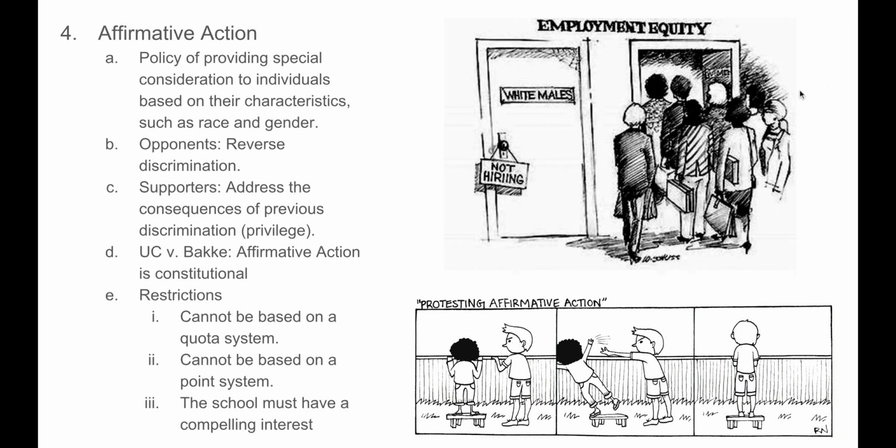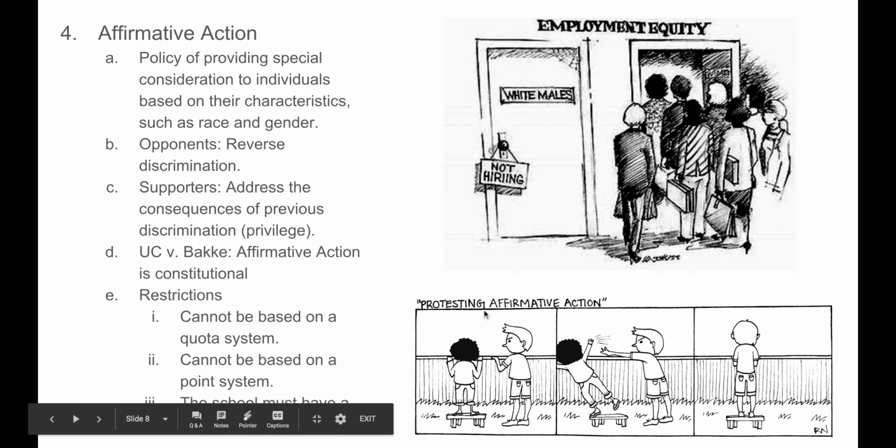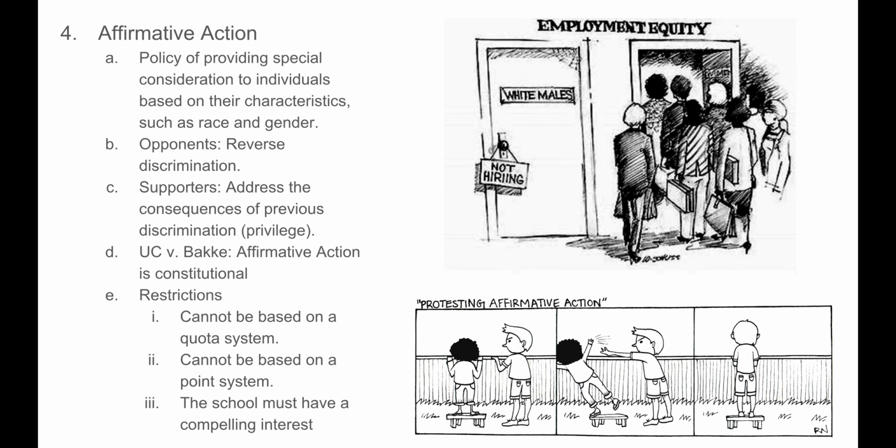Opponents of this, as you see in the top right corner, would claim that this is reverse discrimination and it negatively targets white males, while supporters will, as you see in the bottom right corner here, a cartoon supporting affirmative action, would point out that this is necessary to reverse the consequences of privilege.